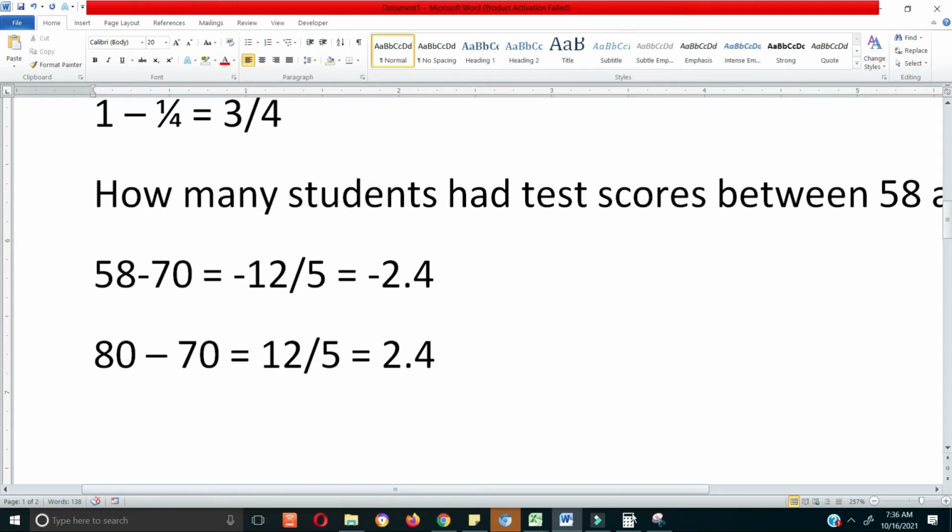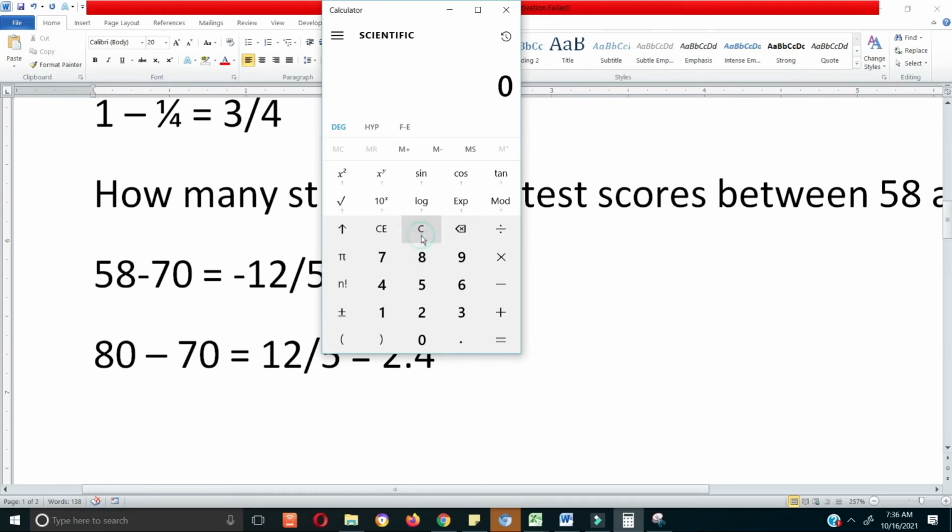So to get the percentage, that is going to be 1 minus 1 over 2.4 squared. How do I get the inverse here? 1 divided by 2.4, divided by 2.4 again, then minus 1.